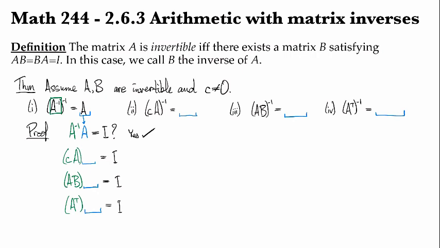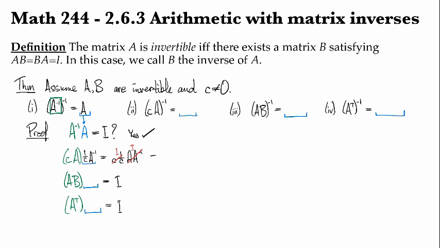Okay, so for the first one, the answer is 1 over C times A inverse. You can see now that if I multiply these two things together, I can pull the constants out to the front. Constants are slippery. You can put them wherever you want. And then we know that C times 1 over C is going to give you 1, and A times A inverse is going to give you the identity.